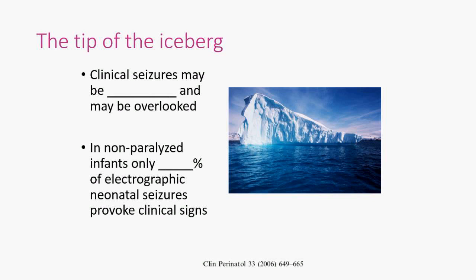In non-paralyzed babies, only about 20% of electrographic seizures are going to provoke clinical signs. So if we say this sentence the other direction, this means that 80% of the time there will be no clinical signs of seizures. So this is really where we have to rely on having other tools to help us. We are just not good enough at being able to pick out these seizures.